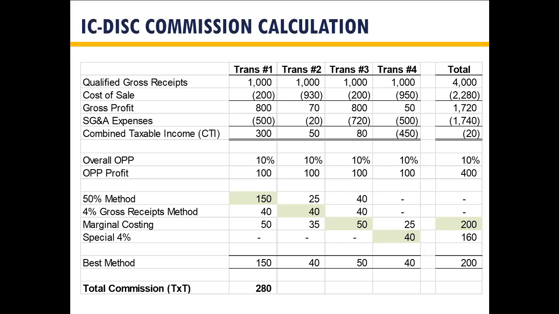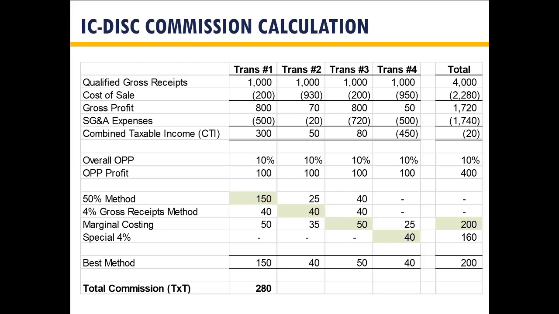Going over to transaction 2. Transaction 2, our combined taxable income is $50. So we go through each of the methods again. 50% method, we get a $25 commission, 50% multiplied by $50. 4% method, again, $40. Marginal costing, however, now has dropped down to $35.